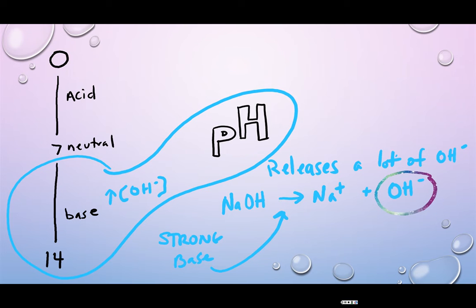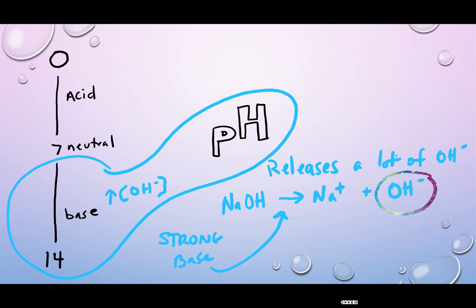A basic solution, rather than releasing a lot of hydrogen ion, will release a lot of hydroxide ion. But it's just as corrosive for the cell as something that's acidic. So here your numbers get larger, your amount of hydrogen ion gets smaller. So here we can describe a base as having a lot of hydroxide ion or very little hydrogen ion.